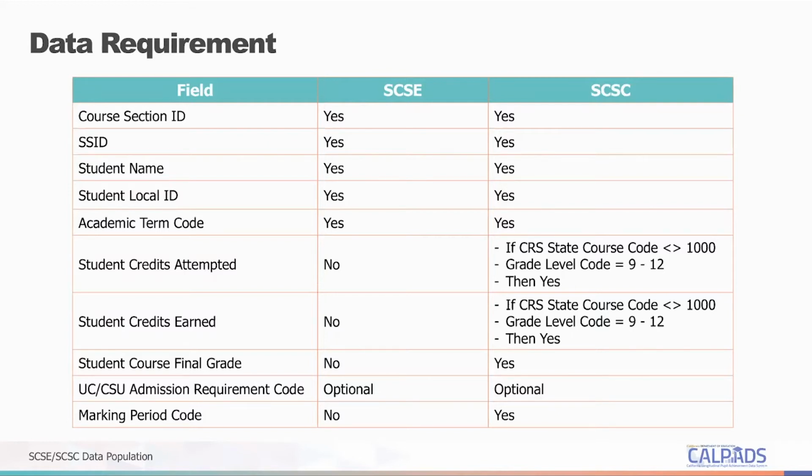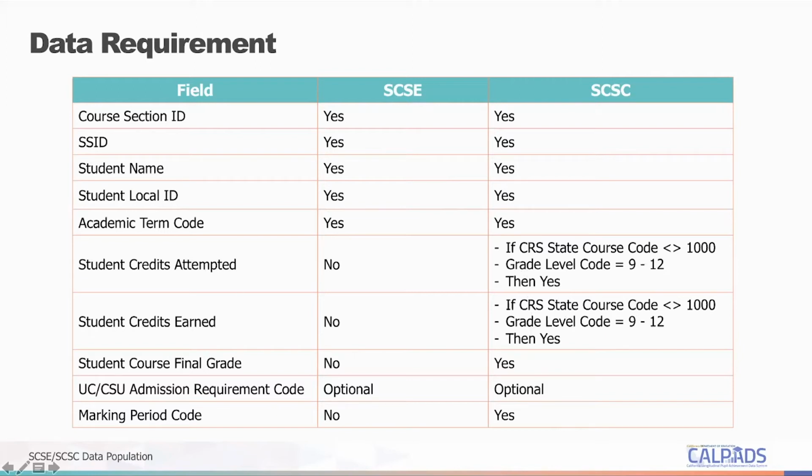data elements. And if we look for student course section enrollment, the fields aside from the common fields are not required. So you're sending minimal information. By looking at this screen, you will notice that for student course section completion, more fields are required, and some of the fields have conditional edits on them.